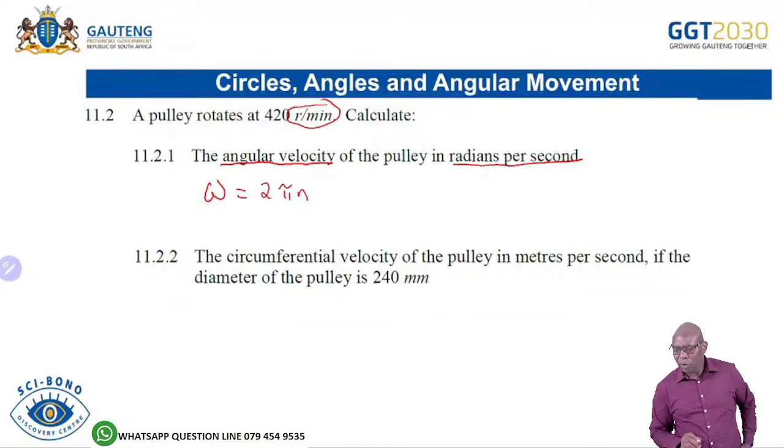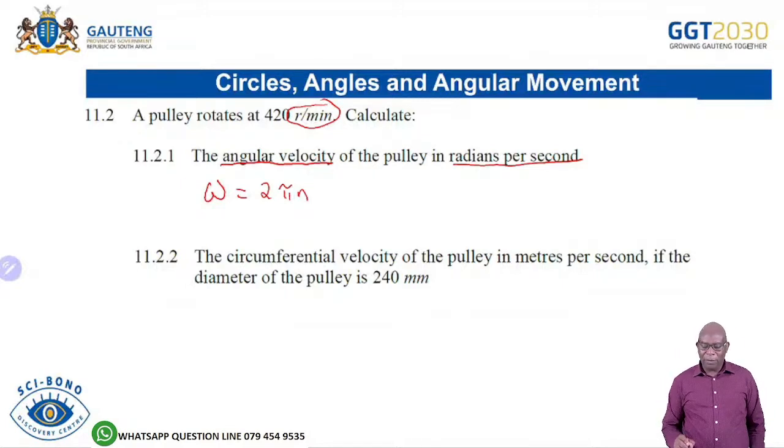So what am I going to do here? I must change my 420 to radians per second. So I'm going to take this and divide this by 360, because I must change that from minutes to seconds.